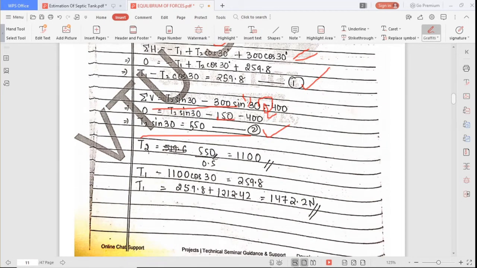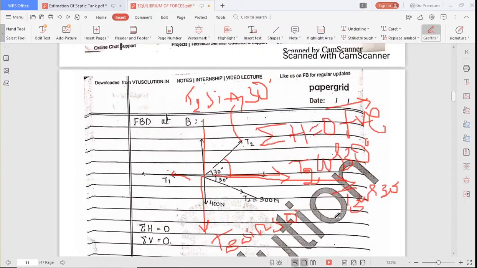You will get T2 as 1100 Newton. Don't forget to write the unit. T1 is equal to 259.8 plus T2 cos 30, so in this equation T1 is equal to 1472.2 Newton. So this was about this problem.